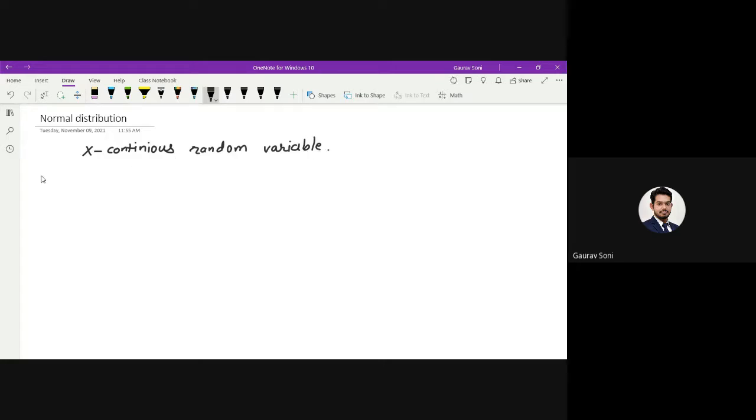The probability density function for the continuous random variable following normal distribution is given by 1 upon sigma under root 2 pi e to the power minus 1 upon 2 sigma square (x minus mu) whole square, and it is equal to 0 otherwise.